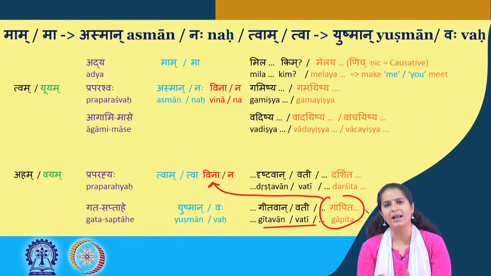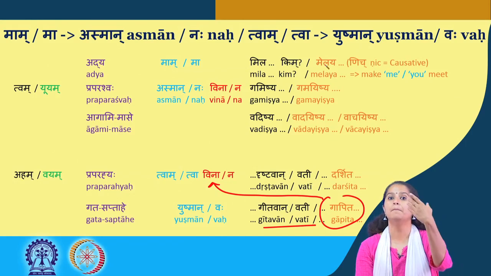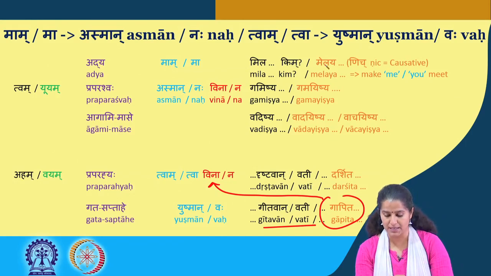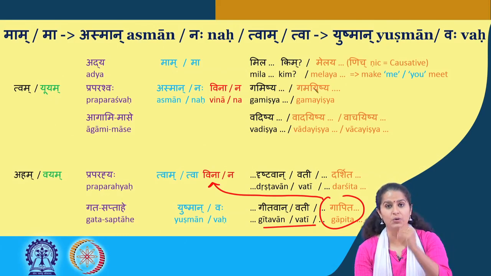Just to close this one, I will do a quick practice with you of the causative as well. So milati becomes melayati. So milati to meet, melayati to make meet. Gamishyati will go, will be gamayishyati, will make that person go.